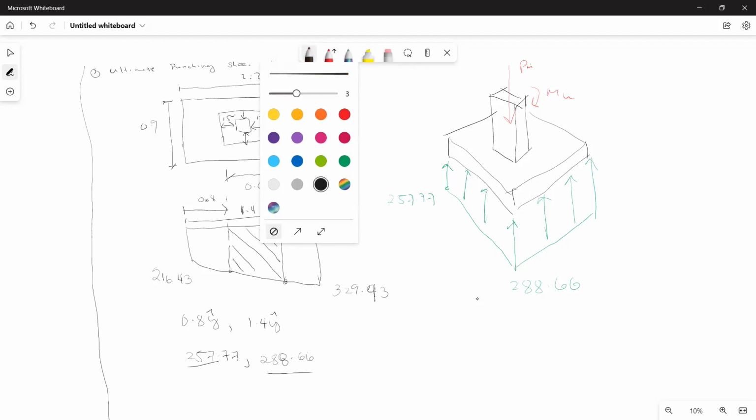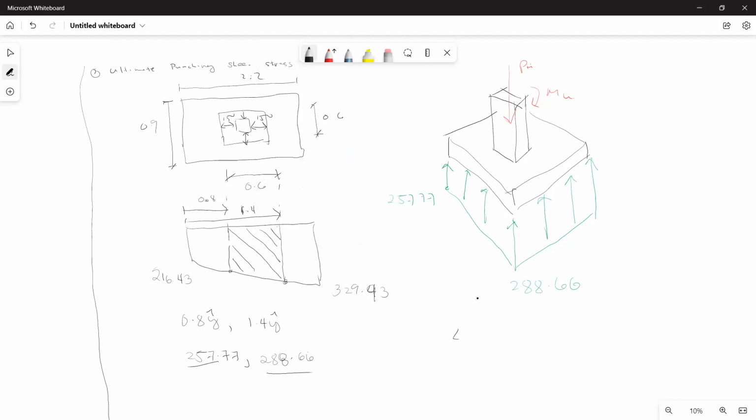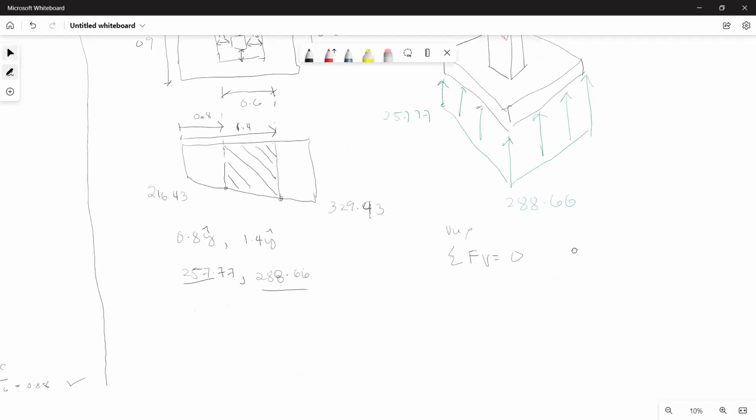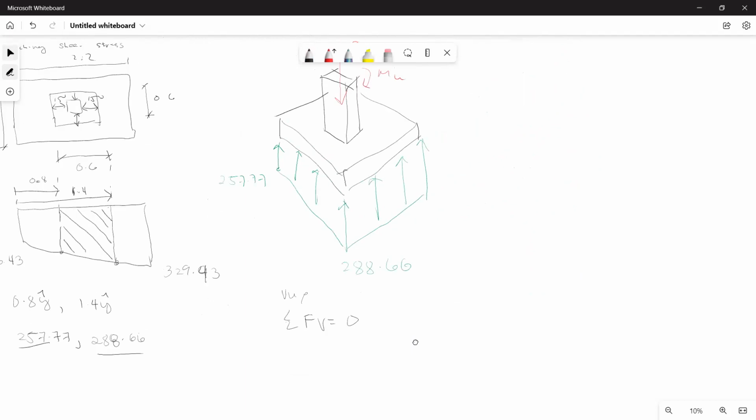Okay. So kapag i-consider natin yung sa loob na part, to find the VU sub P is basically just take the sum of forces vertical equals 0. Consider natin tong force diagram na to, free body diagram.